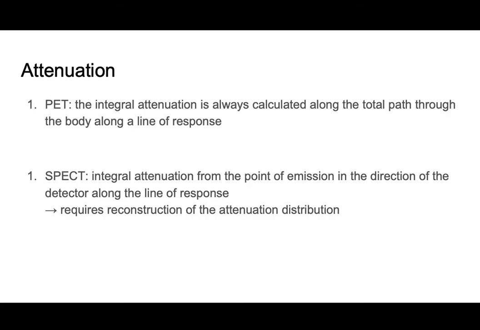In CT, the attenuation coefficient is expressed in Hounsfield units, which is related to water. In PET, the attenuation coefficient is calculated along the total path, whereas in SPECT, it is calculated from the point of emission in your body in the direction of the detector. So the spatial distribution of the attenuation coefficient in SPECT is unknown, so it requires the reconstruction of the attenuation distributions with additional information.